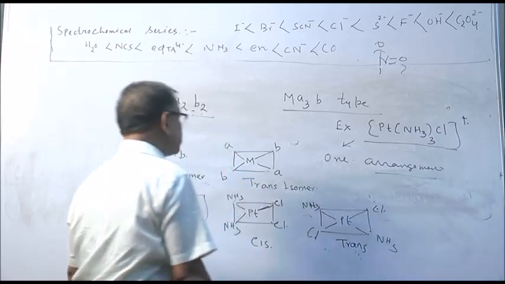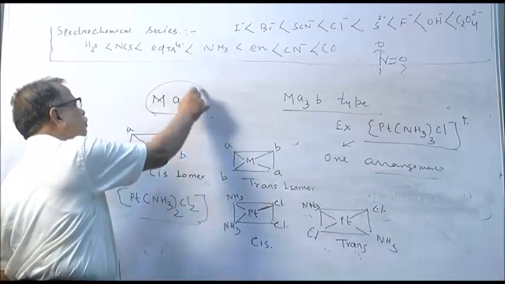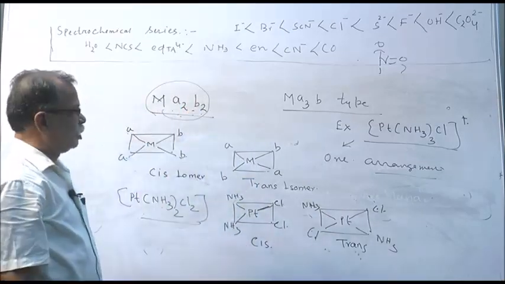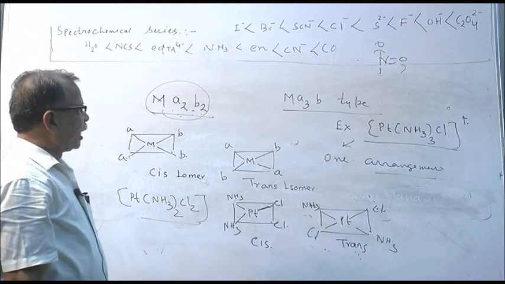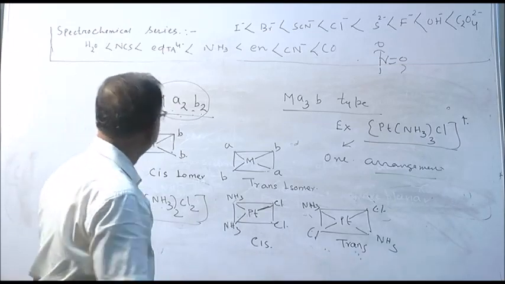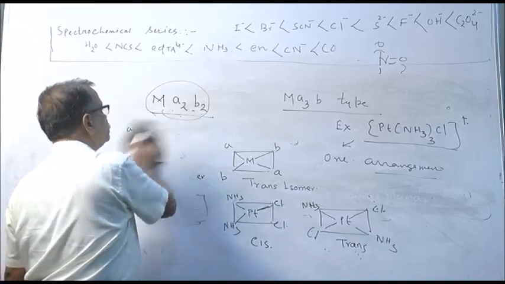Then any compound in combination of 4 having the type Ma2B2 type will exhibit two isomers, that is one cis and another is trans.